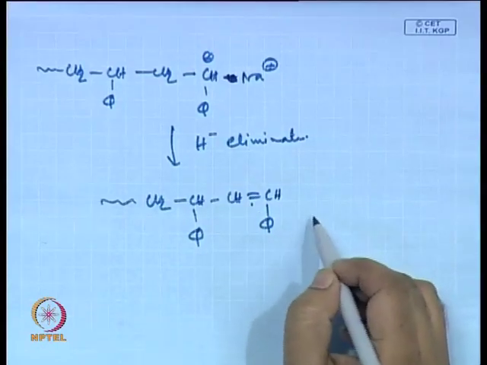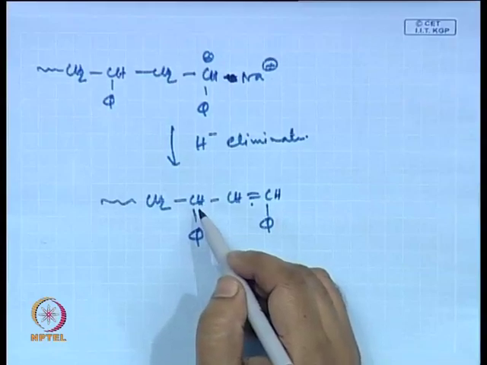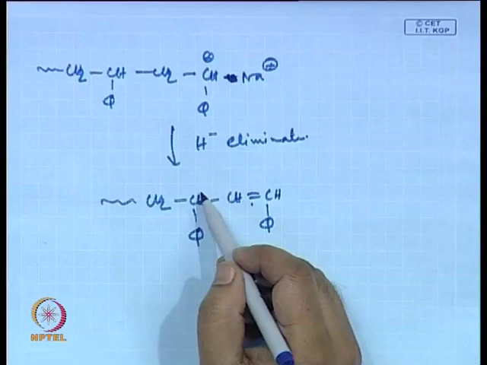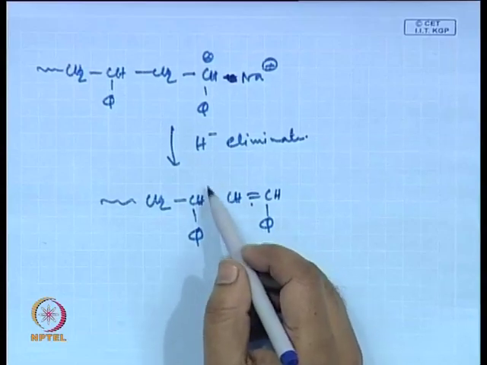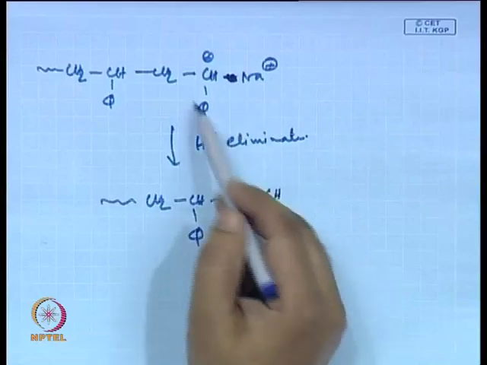Now, this is a very acidic proton. So, it can be easily abstracted by an anion, which could be another chain end, the styryl chain end.